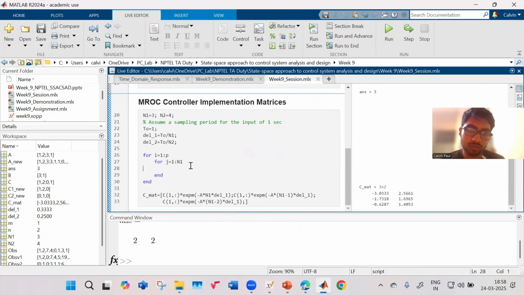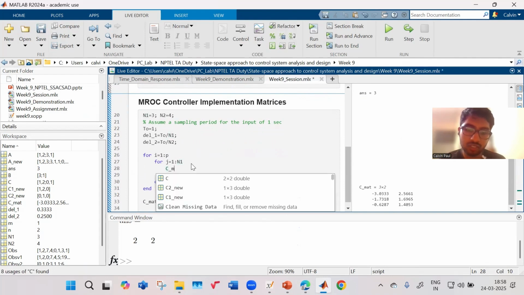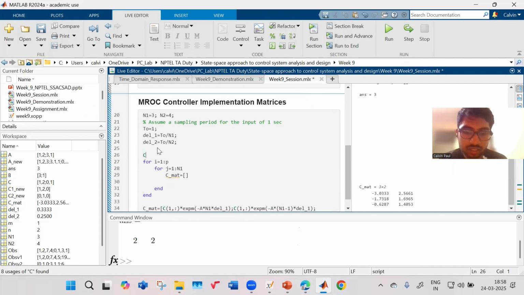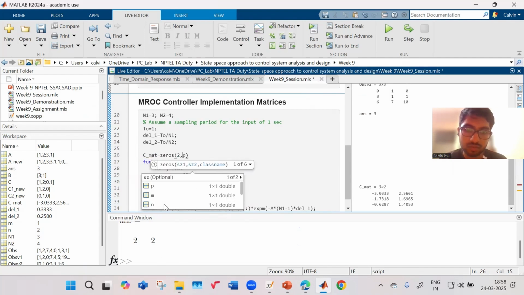So, what about the C matrix? The initial C matrix will be equal to zeros.